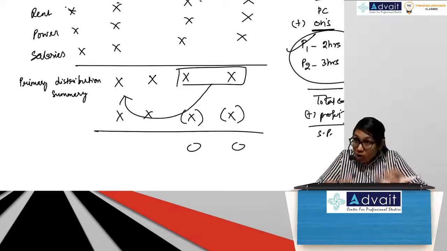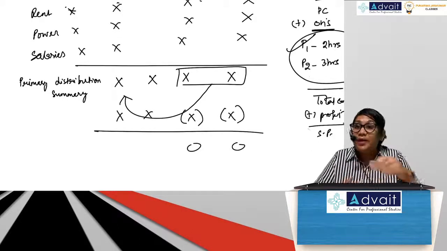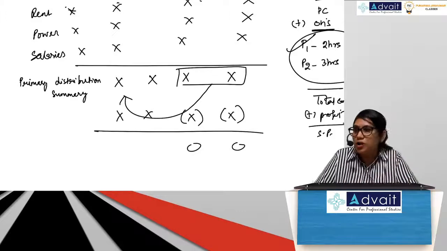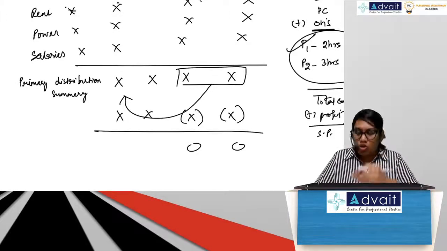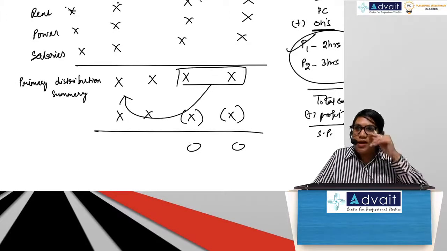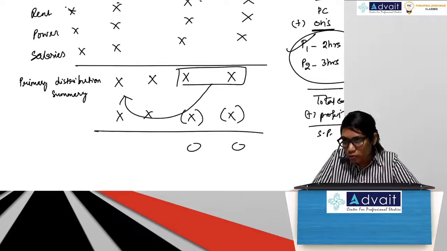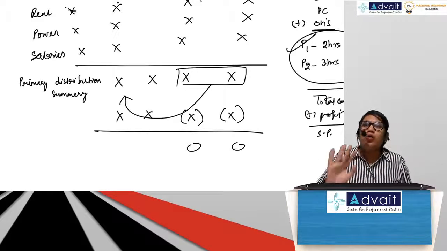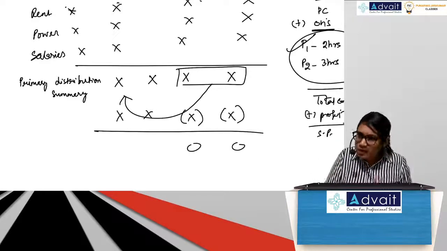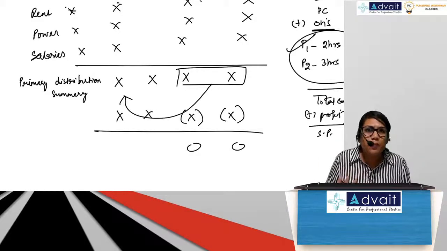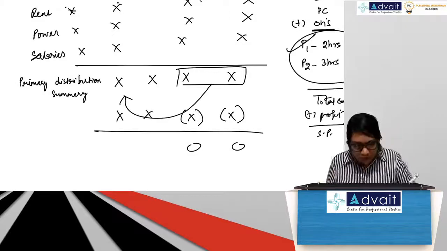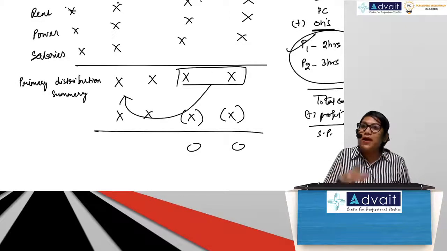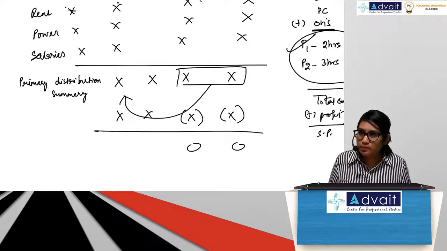Now, how reapportionment happens depends on the various methods of reapportionment. So once I complete these steps, I will take you through the methods of reapportionment. Then we'll solve the problem. So for now, you remember that something happens which is called reapportionment, because of which the balance in my service departments becomes 0.